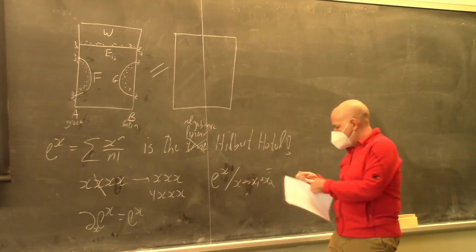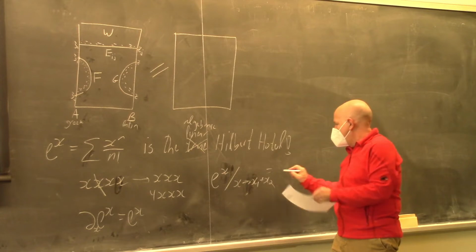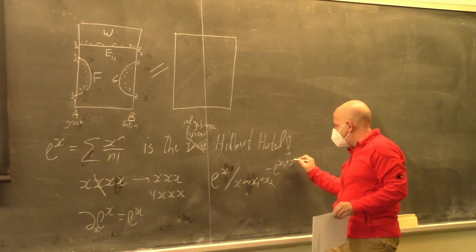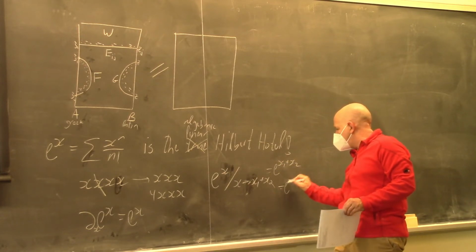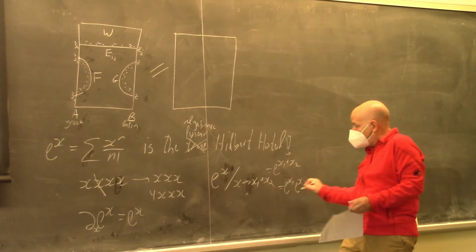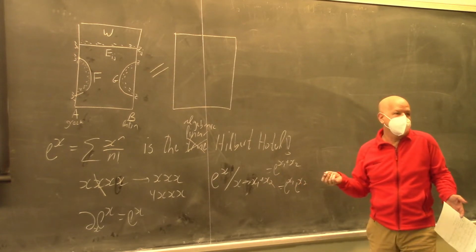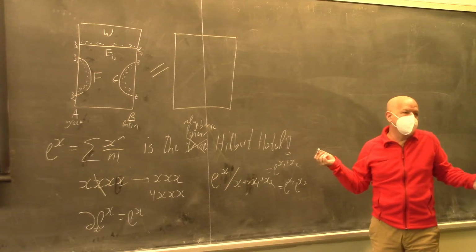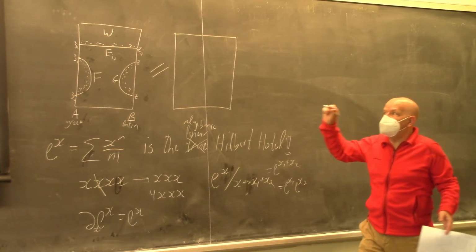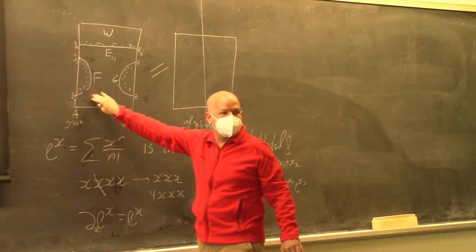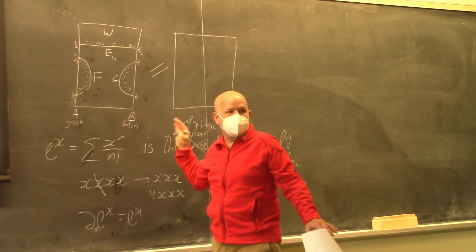So you get e to the x1 plus x2, which is e to the x1 times e to the x2, so you just got 2 copies of the Hilbert Hotel. You can do with them whatever you want. So that's something to keep in mind about exponentials. Let's see how it plays in a moment.